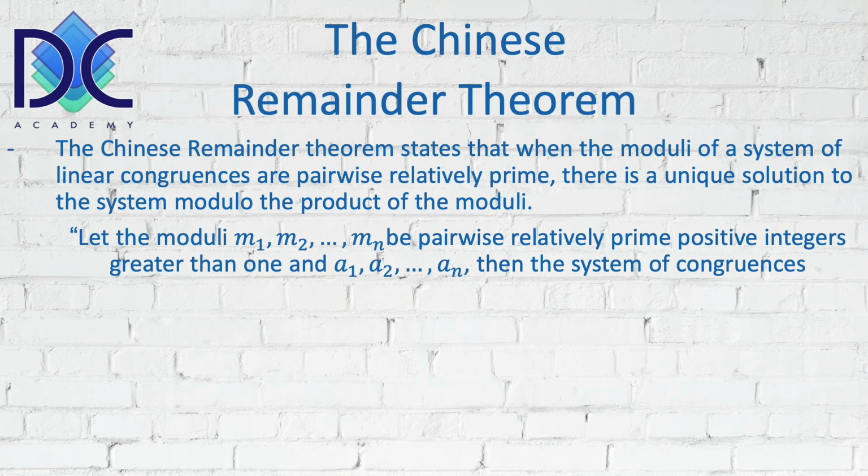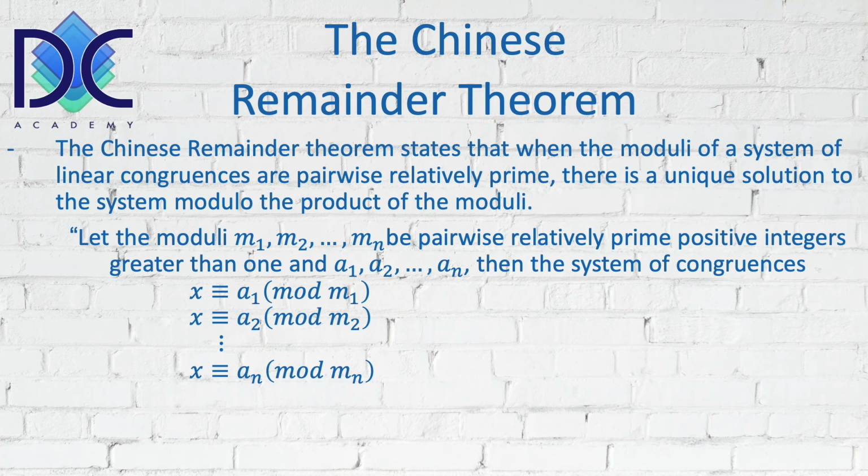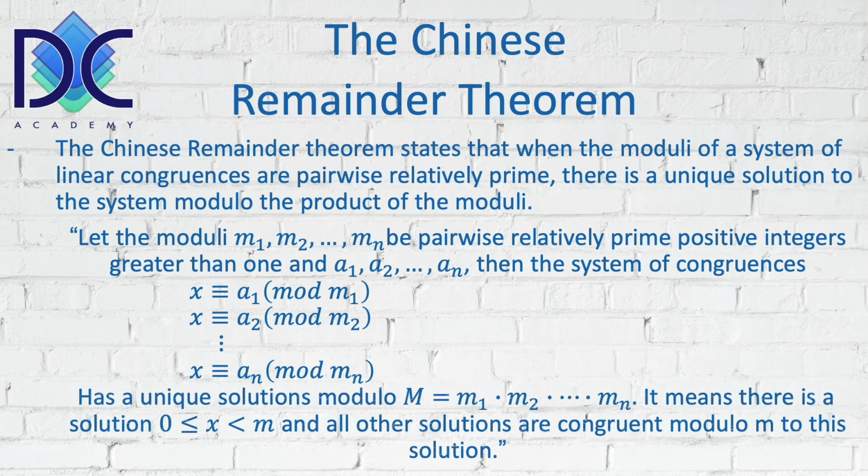When the m's are greater than 1, and we have the coefficients a1 up to an, then we can say that the system of congruences x is congruent with a1 modulus m1, x is congruent with a2 modulus m2, up to x is congruent with an modulus mn, has a unique solution modulo M, capital M, which is the product of all the moduli.